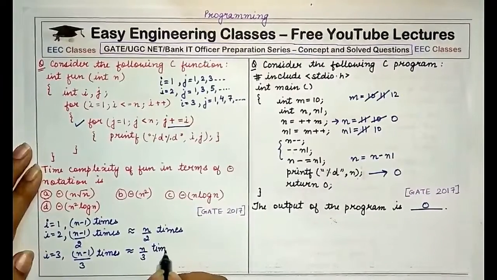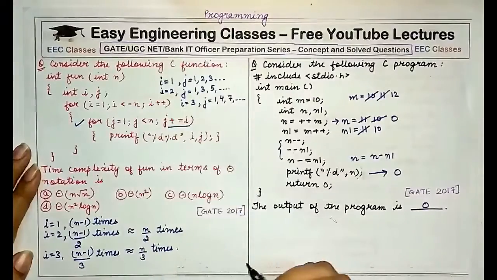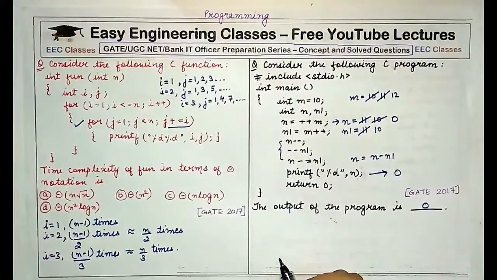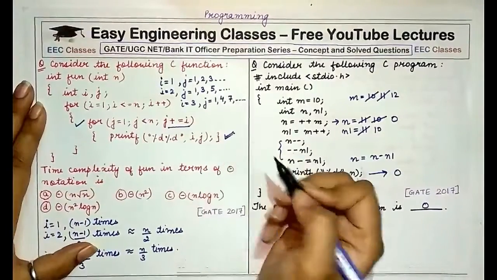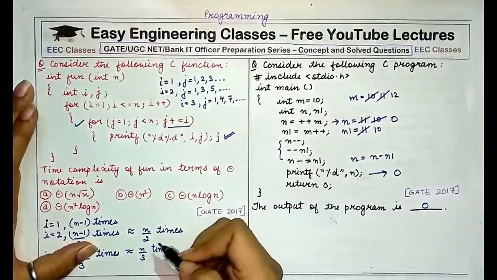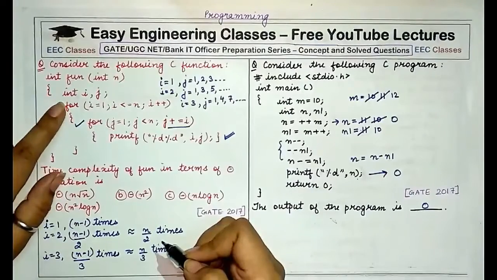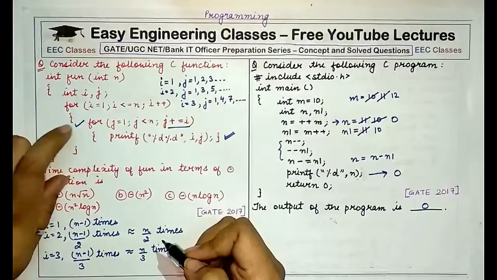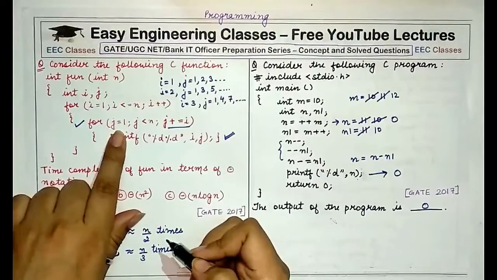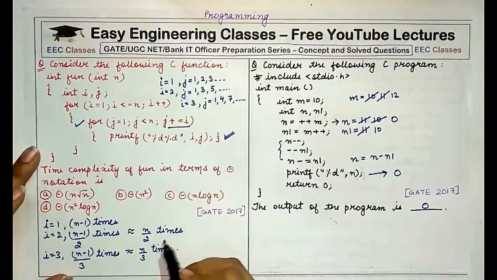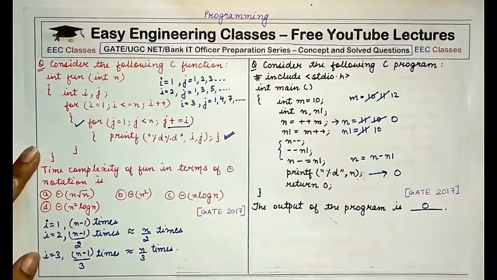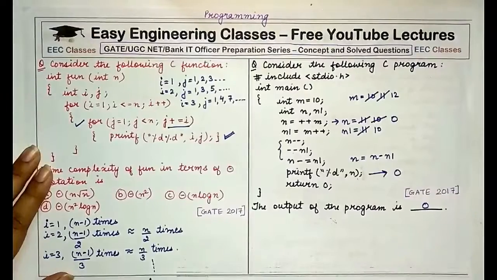So if we sum up all the iterations, we have to find out how many times this inner statement printf will be executed. It will be executed the number of times the outer for is being executed multiplied by the number of times each of the times the inner for is executed. So basically it will give us the summation, because these are all values till i becomes equal to n.